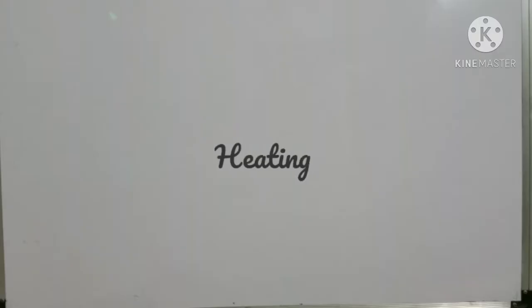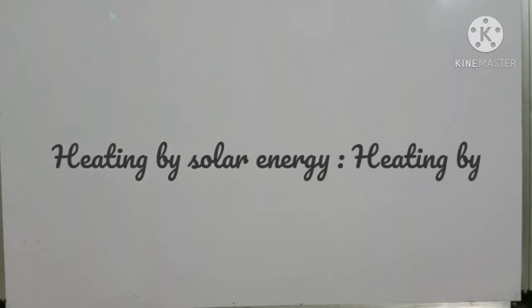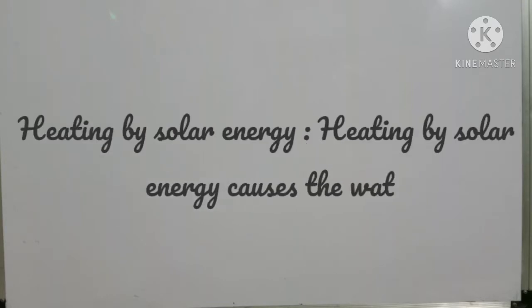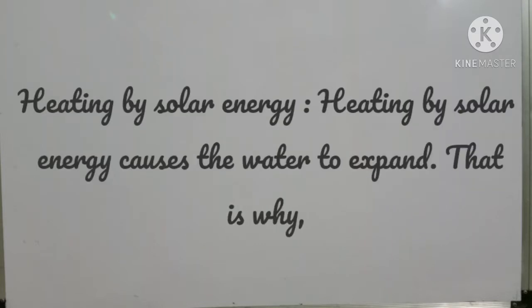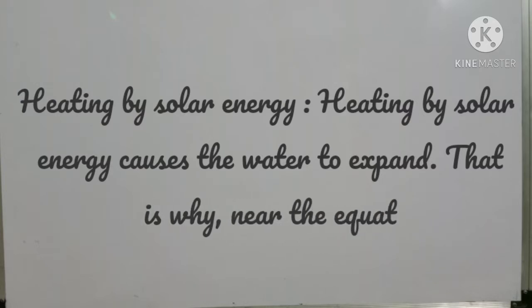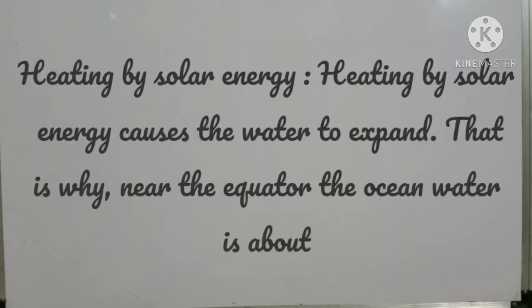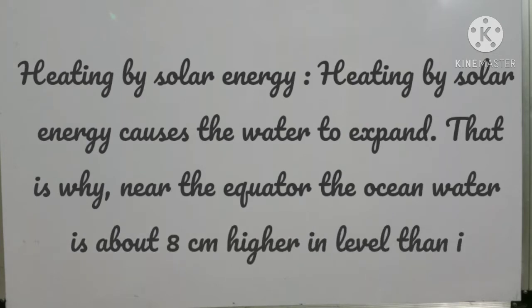First of all, we will see how solar radiation and solar heating are a responsible factor among the primary forces for the ocean currents. As we know, solar radiation influences the temperature of the sea. So the temperature difference occurs due to solar radiation and solar heating.